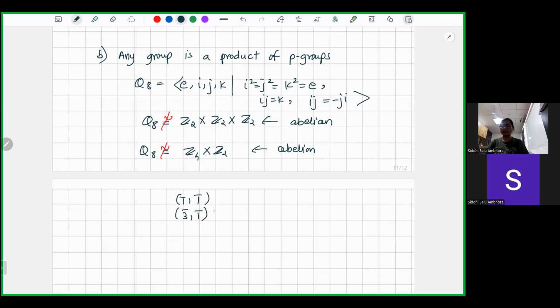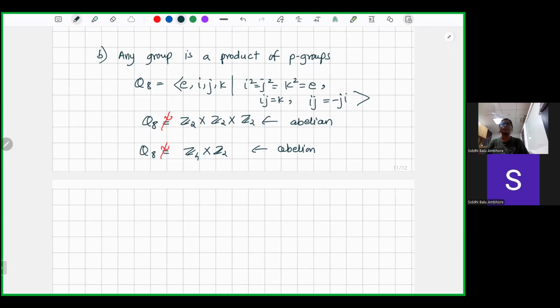There are only two elements. These are the only two possibilities of order 2 elements in Z4 cross Z2. But here there are 3 elements of order 4, minus i, minus j, and minus k. So therefore this is not possible by order also, by exponent also.